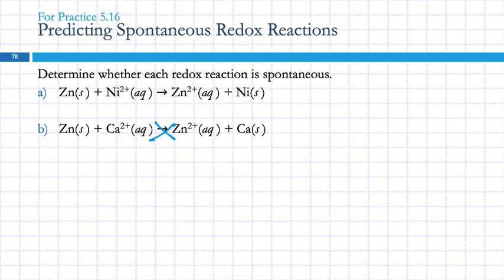You can pump electrons into the calcium and pull them out of the zinc, and you can force this reaction to happen. But you can kind of think of that, well, we have to do some serious bribing of people, right? We got to put some money into this to make this happen. It's not just going to happen on its own. Electrolysis, that's what that is. Yeah, electrolysis. Yep, good question.